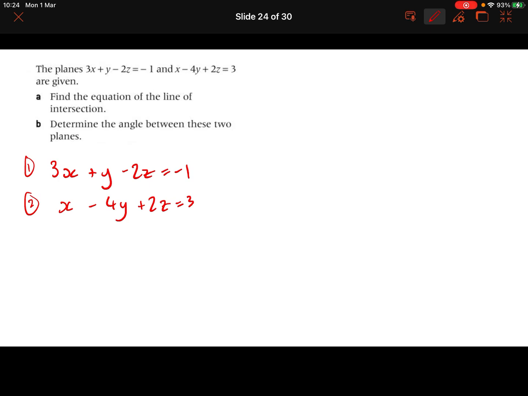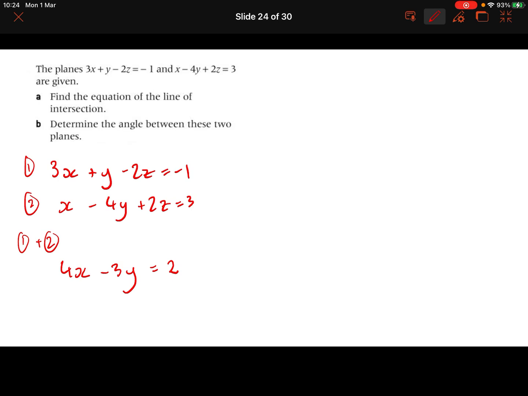And I can eliminate z pretty easily if I do equation 1 plus equation 2. So what does that mean I'm going to get? It means I'm going to get 4x minus 3y, the z's will be eliminated, is equal to 2.